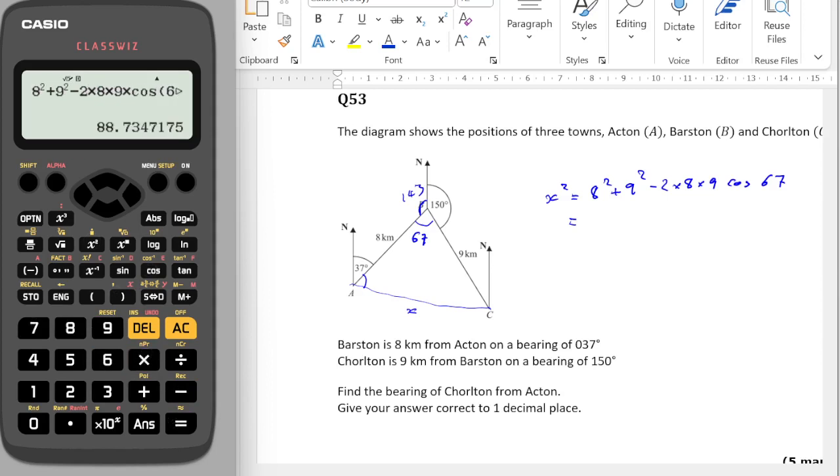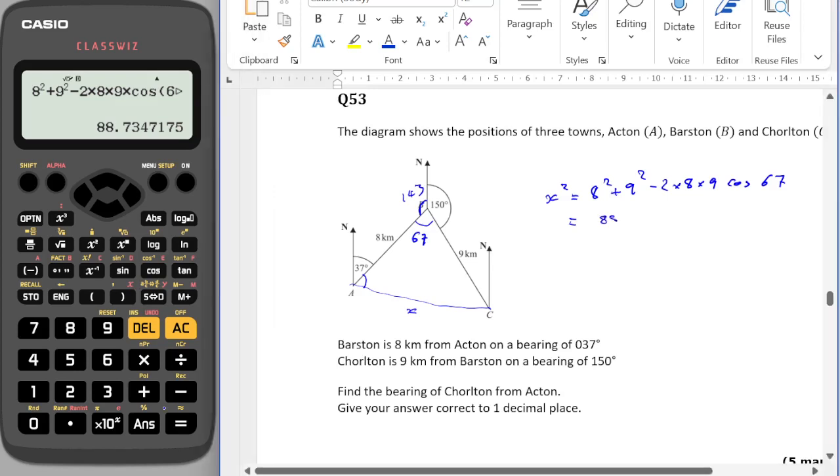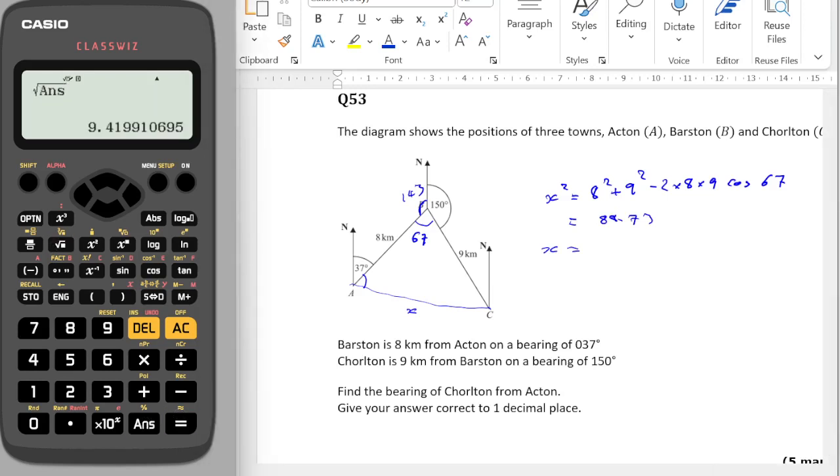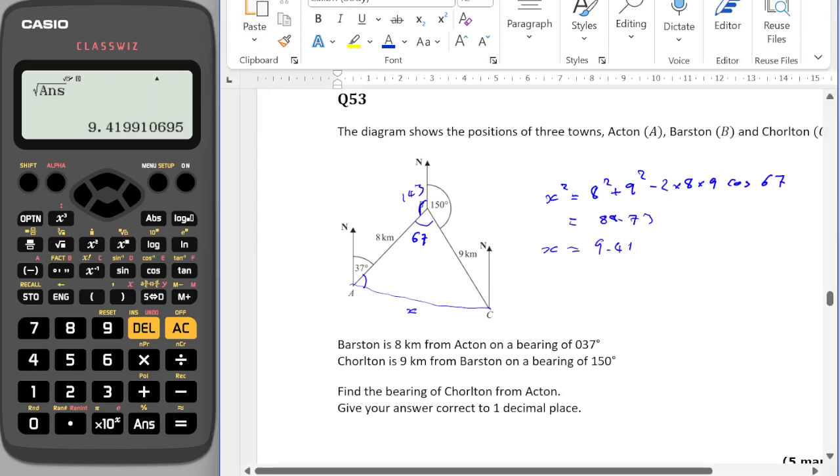So that's going to give me the value of 88.73. So x is going to be equal to the square root of that. So 9.4199 dot dot dot. So I actually want the angle though. So that's the angle that I want. So the angle is going to be equal to, so let's rewind that slightly.